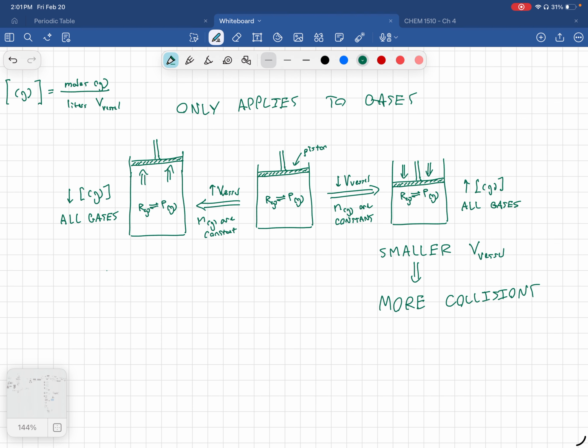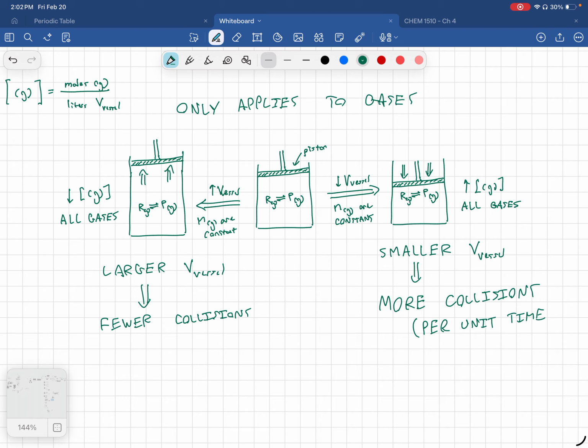And so a larger vessel means fewer collisions, and let me add, per unit of time.